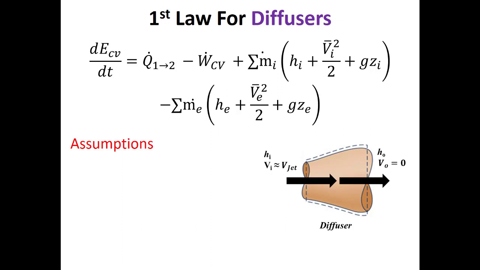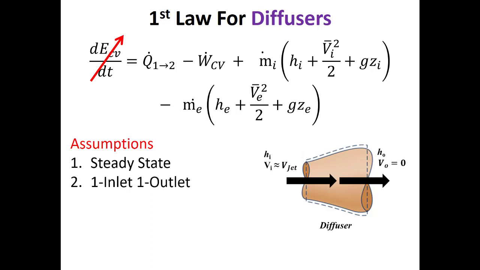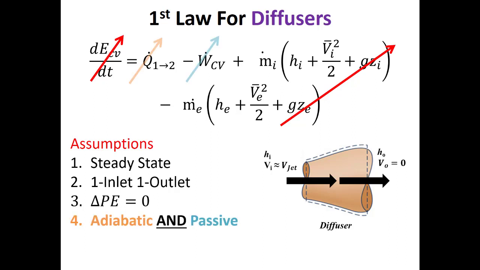So how do I do first law on a diffuser? You may not remember this because the last time we talked about this was when we first introduced open systems. So we'll assume that the diffuser is operating at steady state, that it's got one inlet and one outlet, that the potential energy change can be neglected, that it's both adiabatic and passive, so it's well insulated and doesn't have any fan blades like a turbine.